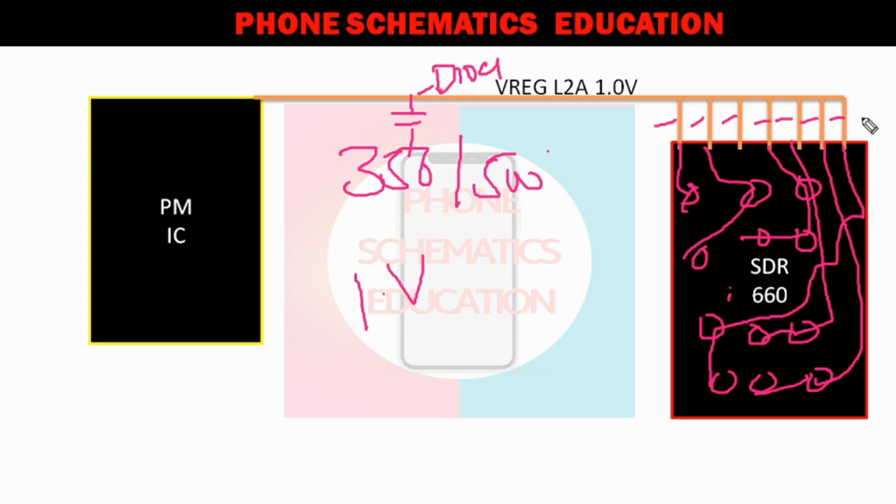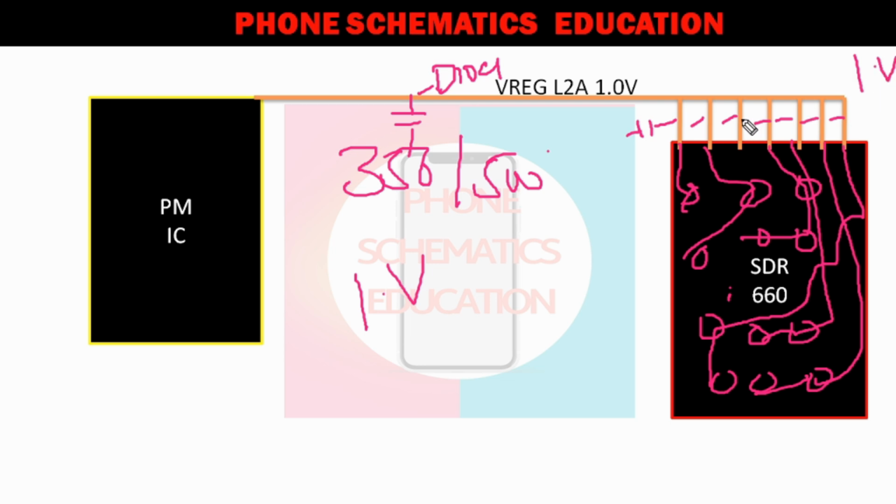You will see in the schematic each and every line is connected to a filter cap. You will measure each and every line connected to this IC. You will get a filter capacitor on each. You will already see in the schematics, right? So you will measure all these capacitors for the diode value, also for the 1 volt.